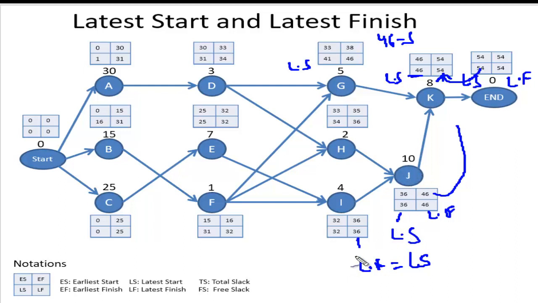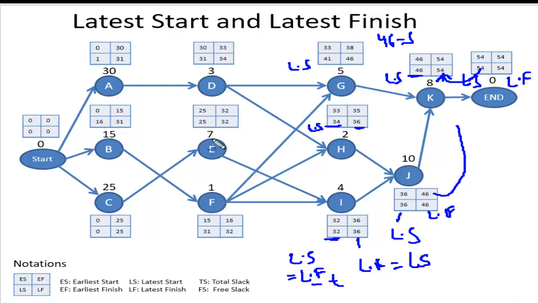J's latest start time will be the latest finish time of it if there is only one node, only one choice. And how do we calculate the 32? That is 36 minus 4. So the latest start time will be whatever the latest finish time is minus the time. So 36 minus 4, that is 32. The same for this one: its latest start time is going to be its latest finish time, and 36 minus 2, 34 will be its latest start time.